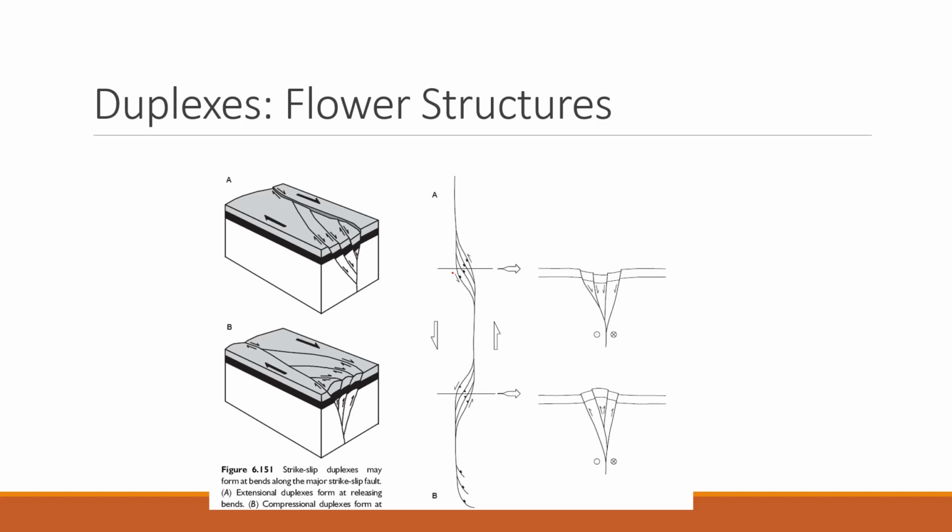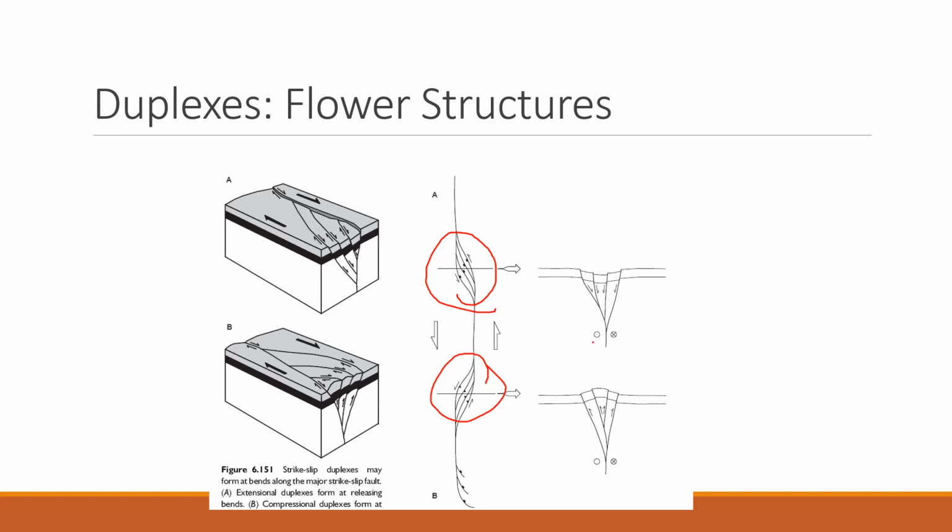They're also called duplexes. So if we have tension within that bend, it's called a reverse flower structure, or a negative flower structure, because we have extension happening. If we have compression happening, it's called a positive flower structure because we have material being pushed up.